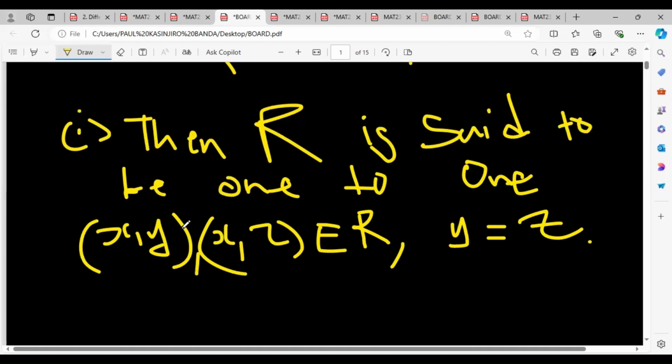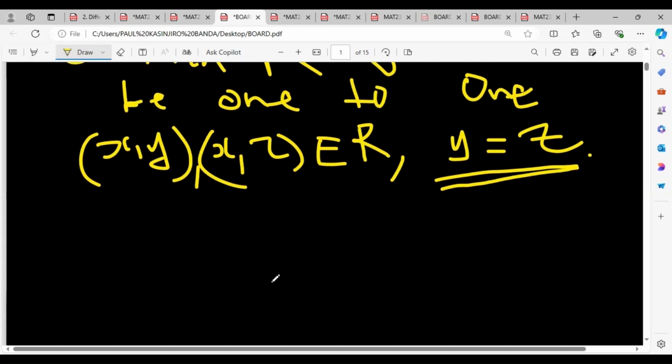A one-to-one relation demands that if I have the same first coordinate, the second coordinates should be the same. So if I have (X, Y) and (X, Z), then for this relation to be one-to-one, we demand that Y should be equal to Z.